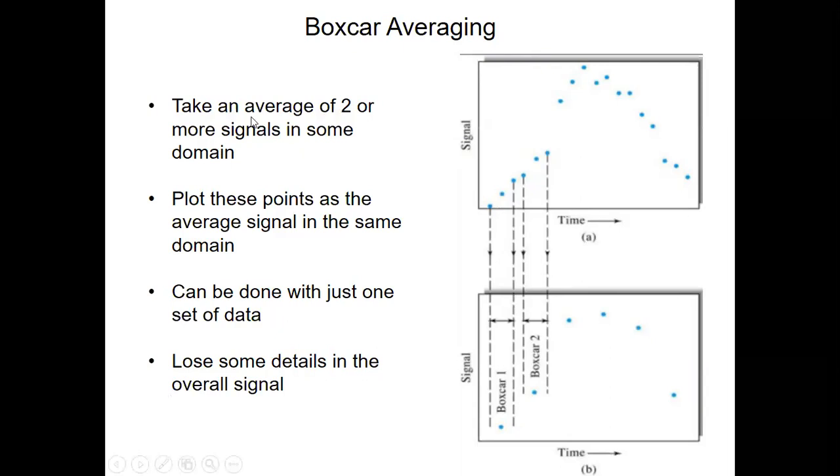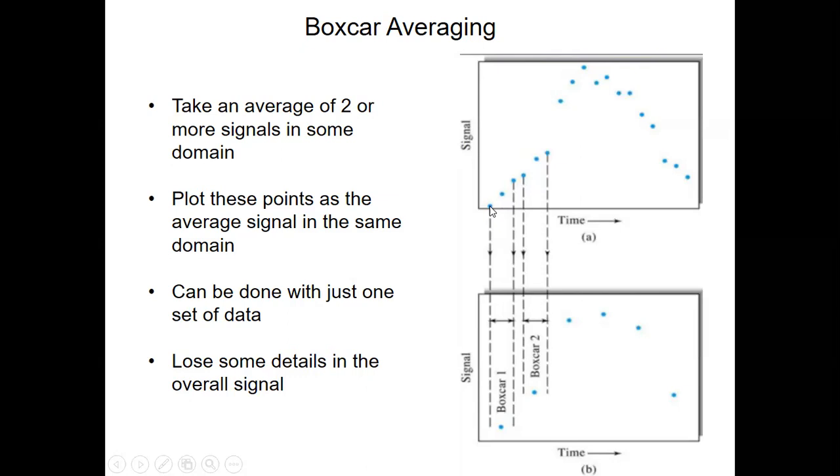Here, first we take an average of 2 or more signals in some domain. So, look at the graph. We have one spectrum here, the boxcar one. What we have done here, we take the average of signal 1, 2, 3.